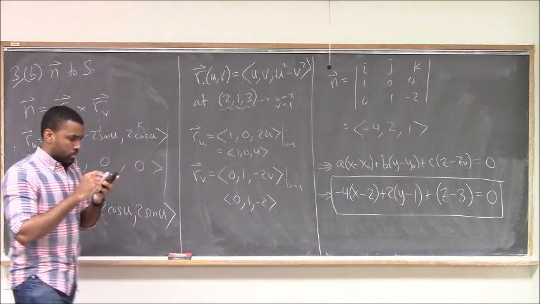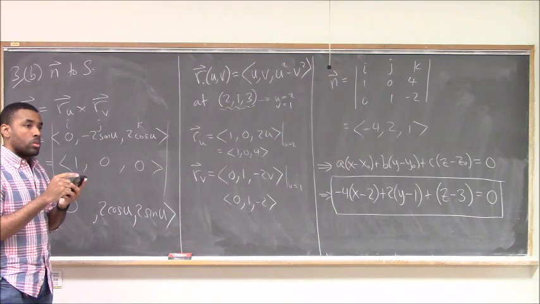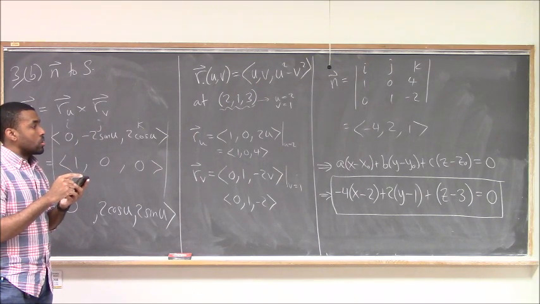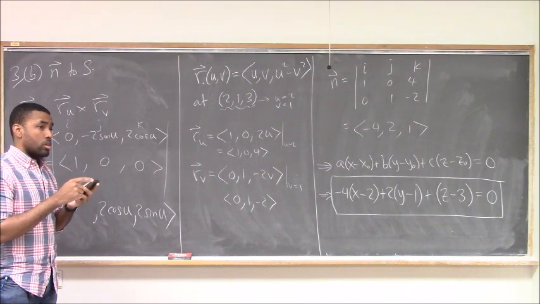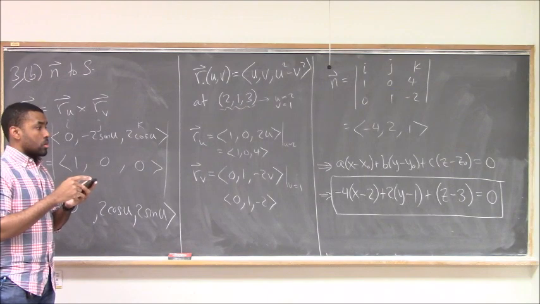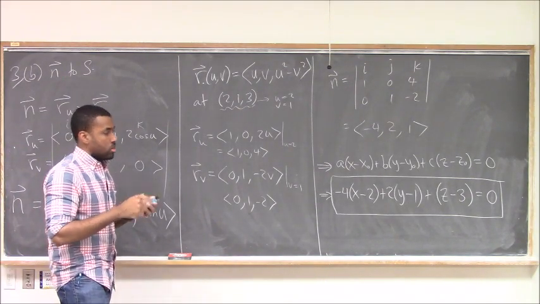Can we use the other formula with the t and s? Like the initial point plus t vector u and s vector v. Oh, you mean the parametrized form? Yeah, you could use that.